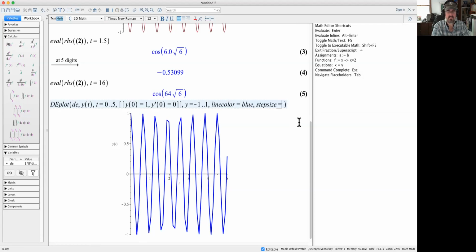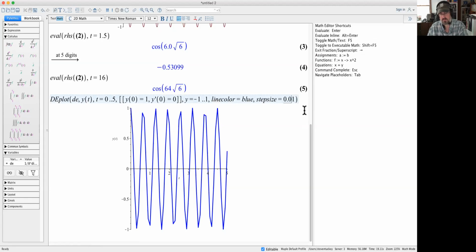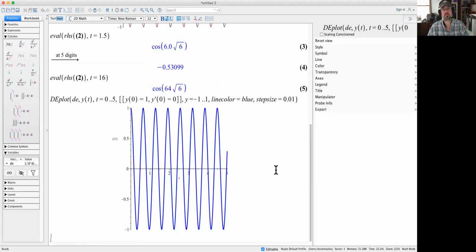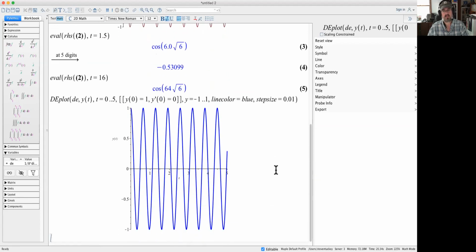And the step size is the one for this. So if I make the step size smaller, I'll just try 0.1. Let's see what we got for that. Well, that's not that great. Let's try 0.01. Better. Suddenly that curve and that curve are looking pretty much the same.